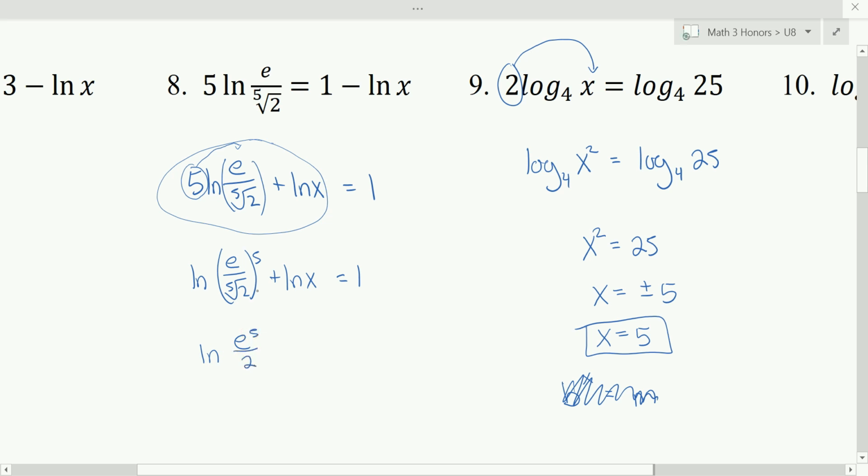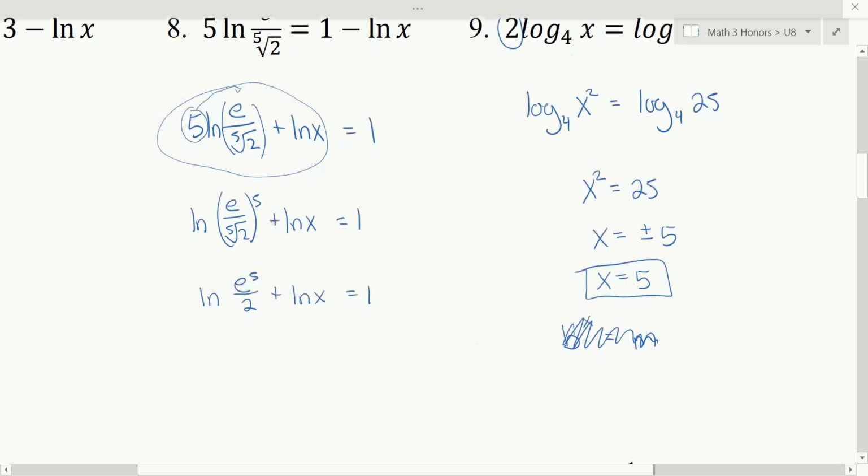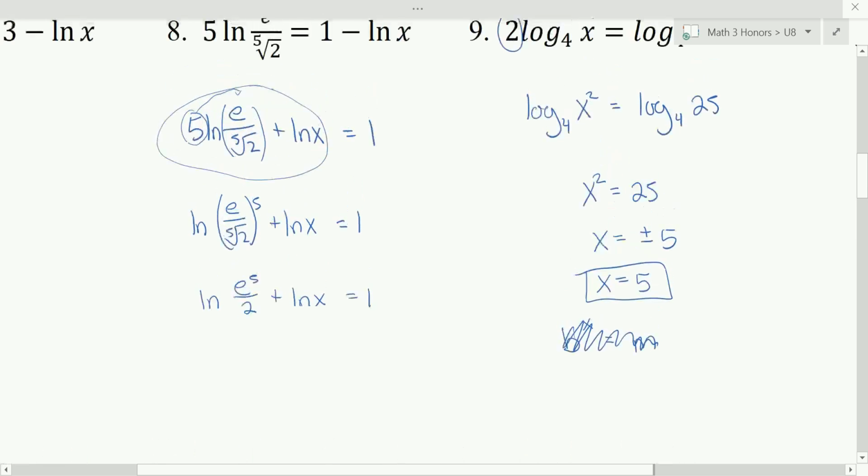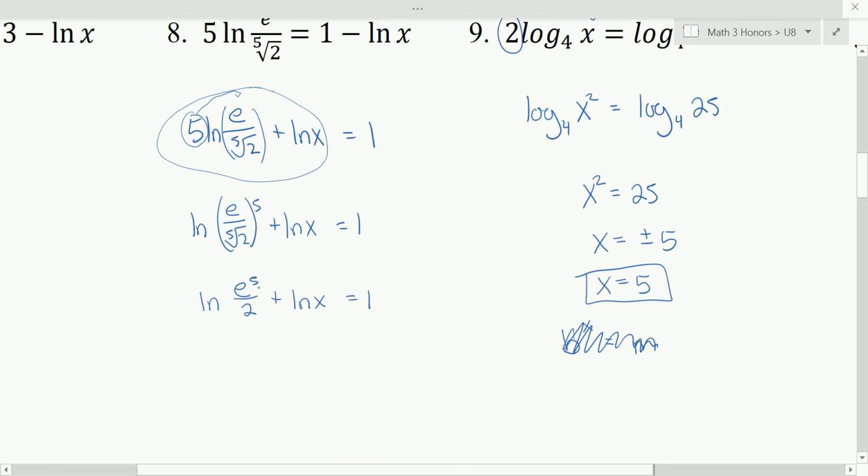Because the 5th root of 2 to the 5th, the 5th roots and the 5th cancel out. Okay. So I'm still working towards one log. Now I can do what? Multiply the arguments together. So I get the natural log of e to the 5th x over 2 is equal to 1. So I multiplied the x times the e to the 5th over 2.